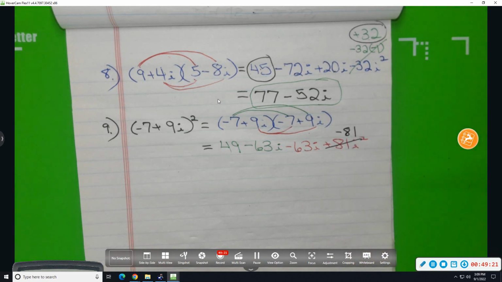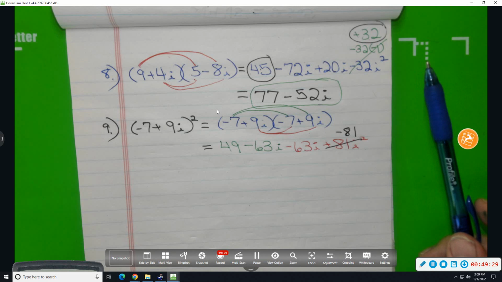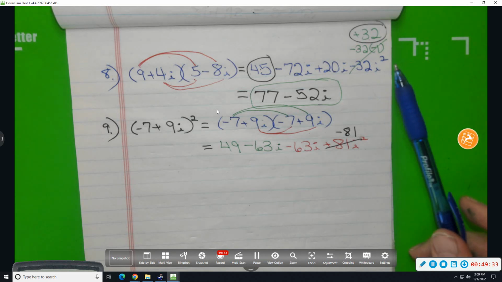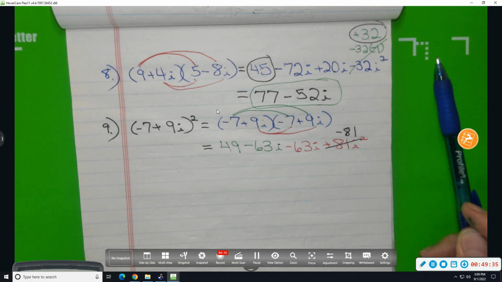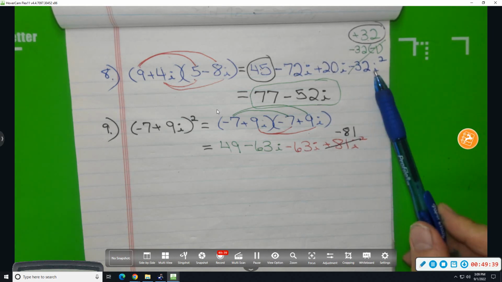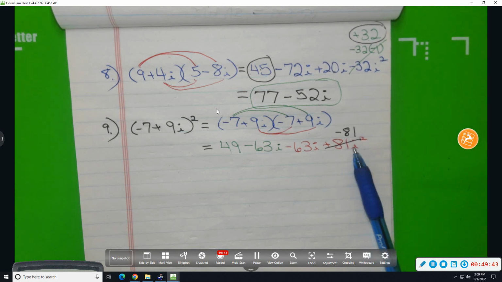You'll see why I wrote minus 81 up there. i squared is negative 1. So that positive 81 times a negative 1 would be a negative 81. i squared just changes the sign of the number in front of it. Just like this negative 32i squared became a positive 32, the positive 81i squared became a negative 81.